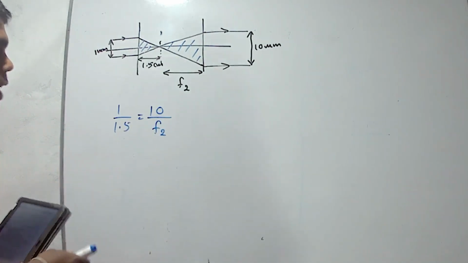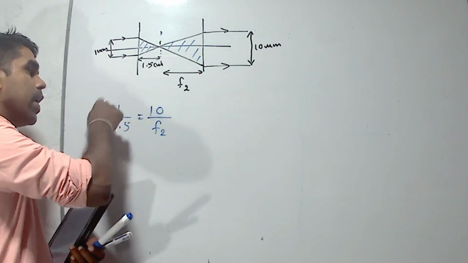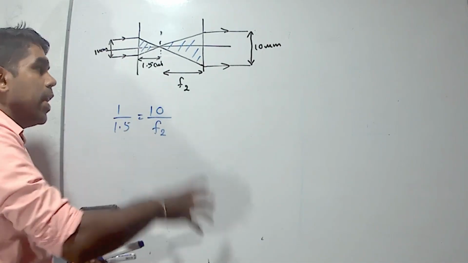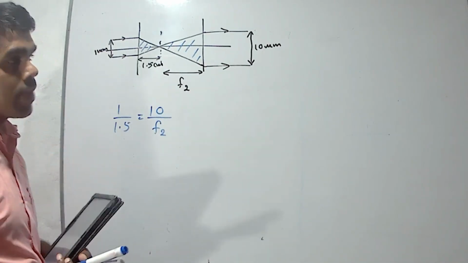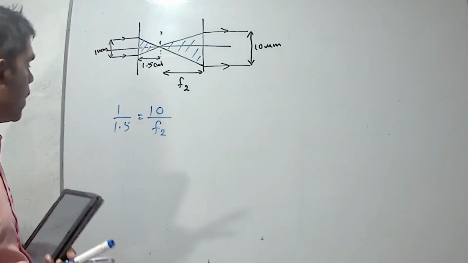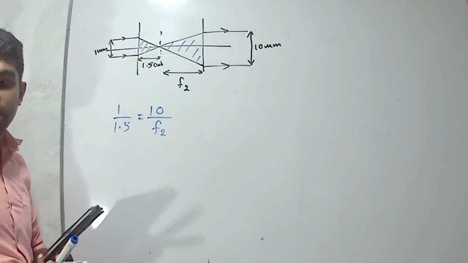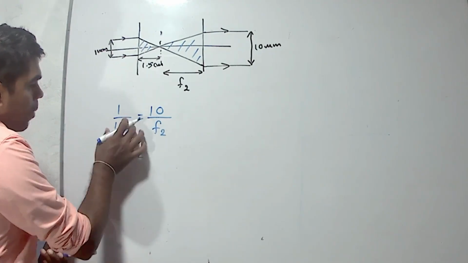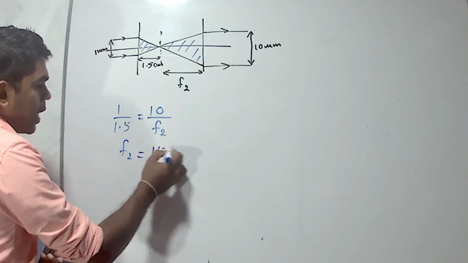Now we have used these two lengths in millimeters and these two lengths in centimeters. All units are cancelling out. Therefore, we can use them without unit conversion. Then we can find the f2 value, 1.5 times 10, 15 centimeters.